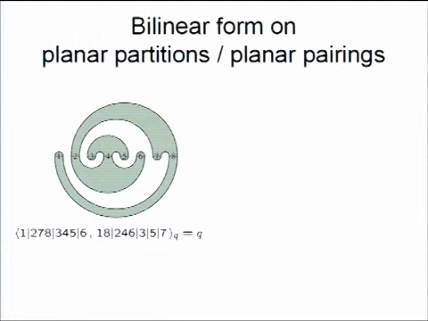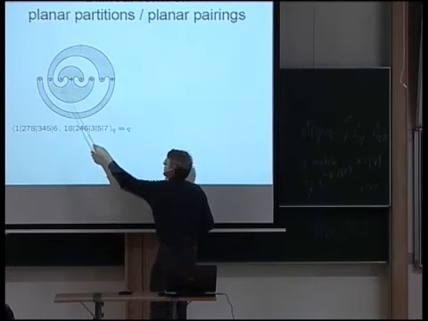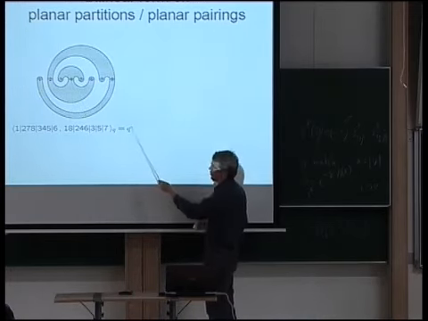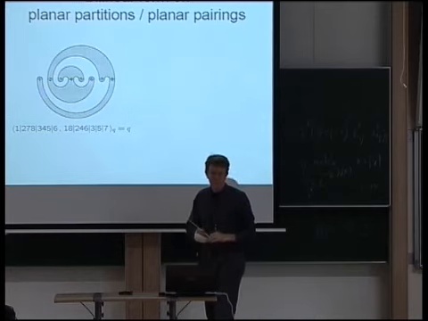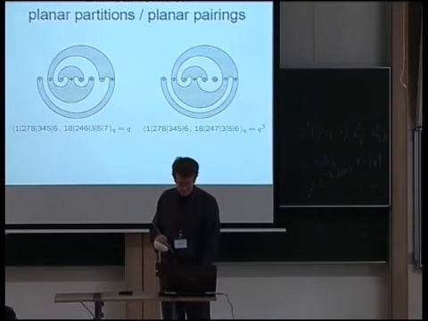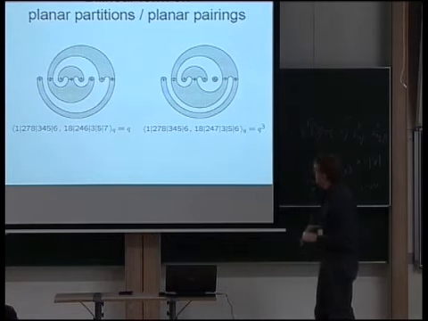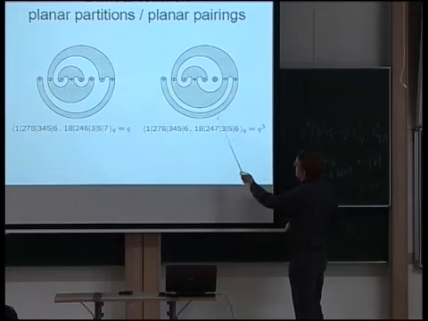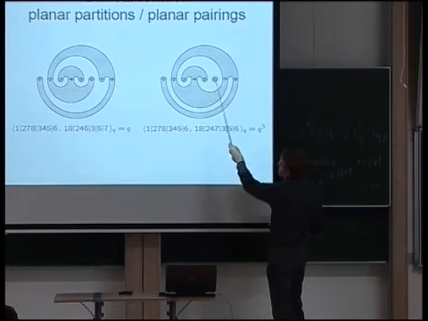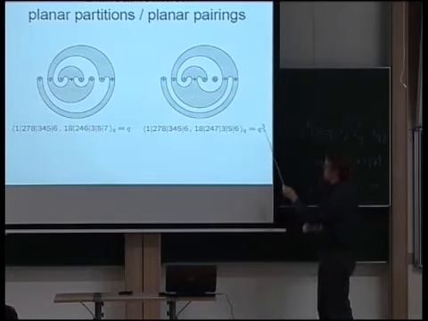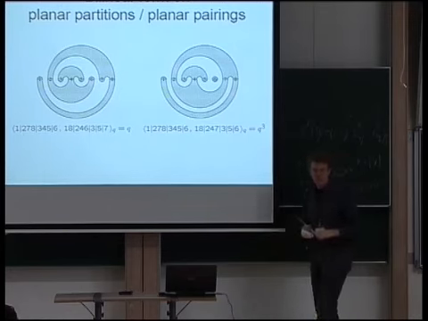If you glue them together, there's one cycle, and so this bilinear form is q to the 1. Here's another example. In this case, there are 3 cycles, this outer one, this one, and that one. So here the bilinear form is q cubed.